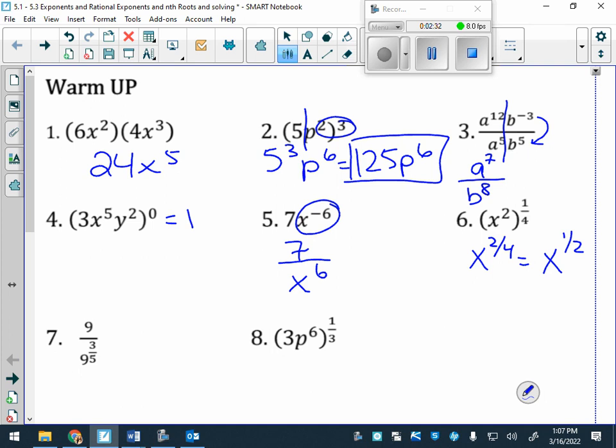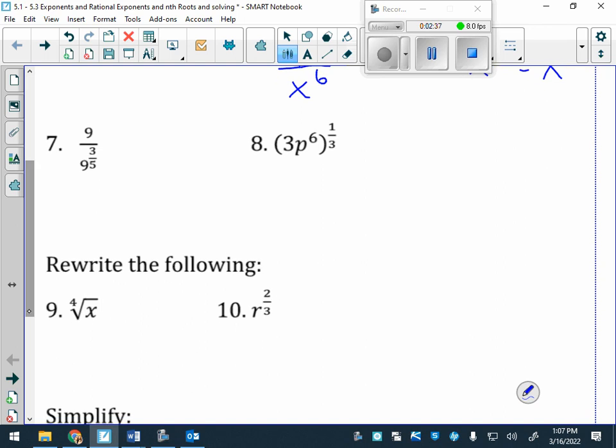Number 7, what I see on the board is the biggest mistake that I always see. We cannot cross those out. Those are the same base, just like if it was x. So we have 9 to the 3/5. Now, 9 in the numerator has an exponent of what? 1.